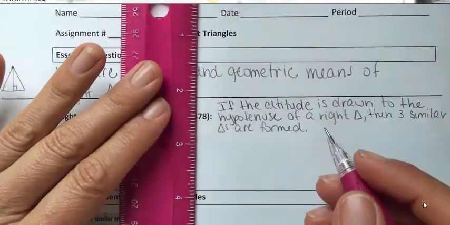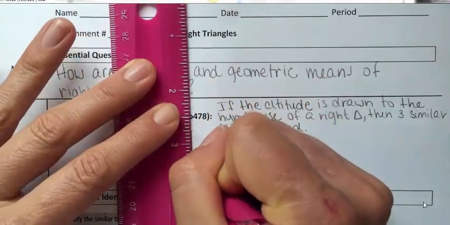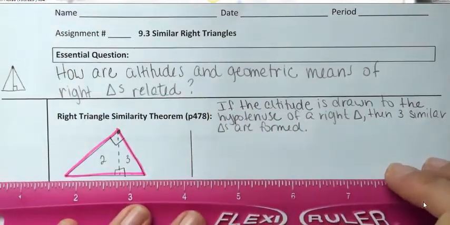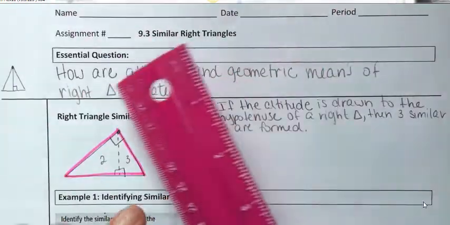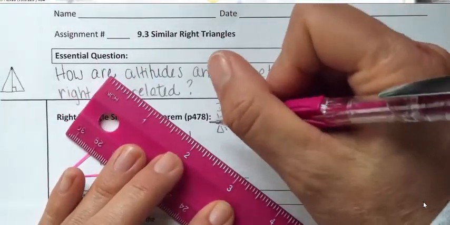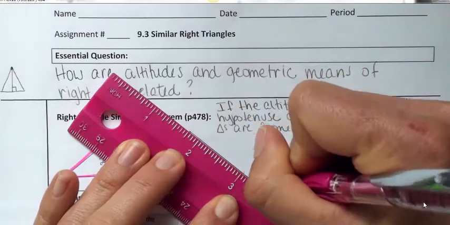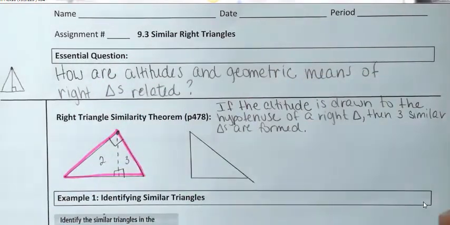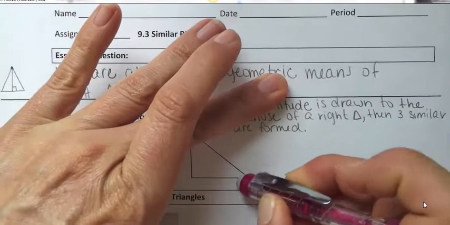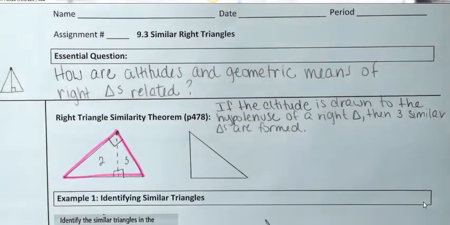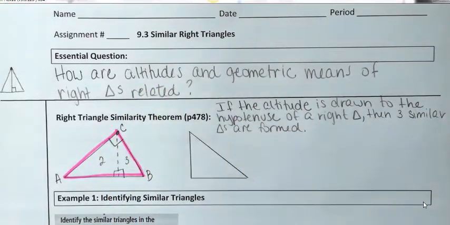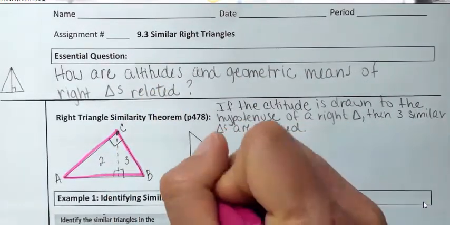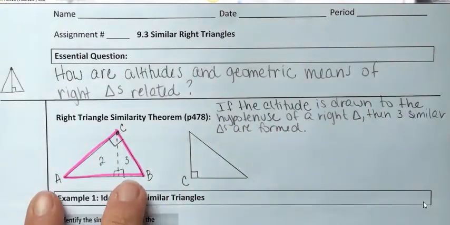Okay, so I'm going to go ahead and draw now. Just rearranging it, rotating it really, so that the right angle is going to be in the bottom left-hand corner. And how about I give the vertices some names? So how about we go with, this will be A, B, and C. So now my right angle is here, so that's my C. And basically what I've done is I've rotated it.